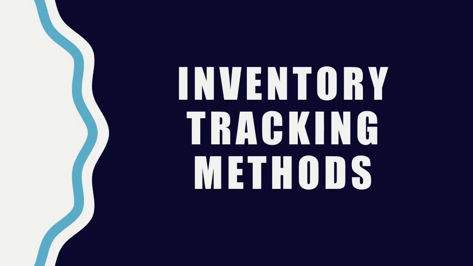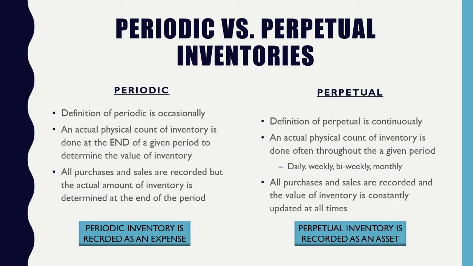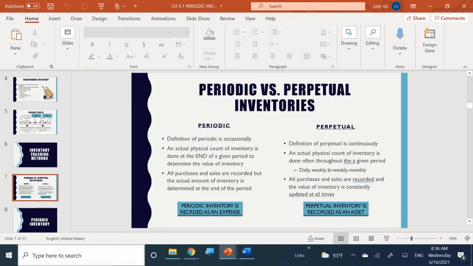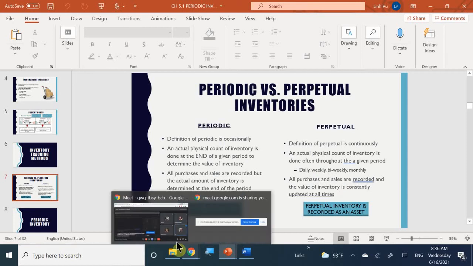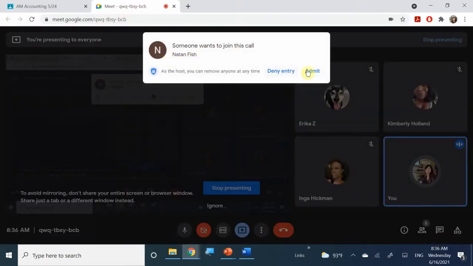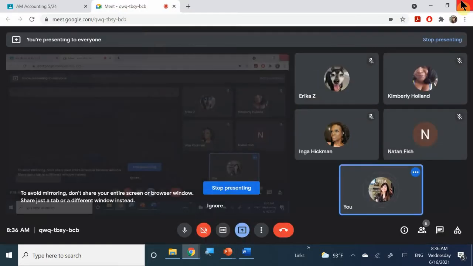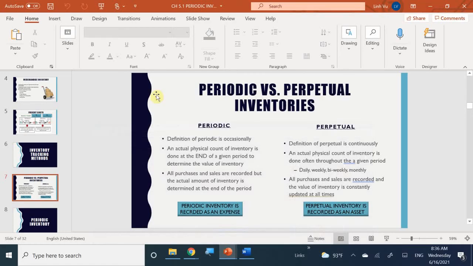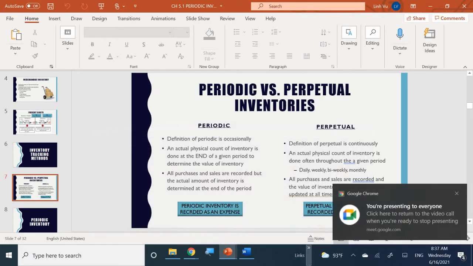You don't need to know about shipping for this test, but you need to know the difference between the tracking methods, right? Obviously, we didn't learn about perpetual inventory, but you need to know the difference between the two for the exam, because when we come back from the exam, that's where we will learn about perpetual inventory.